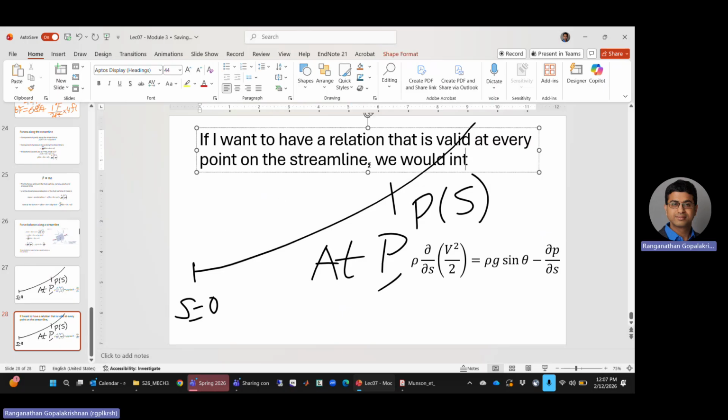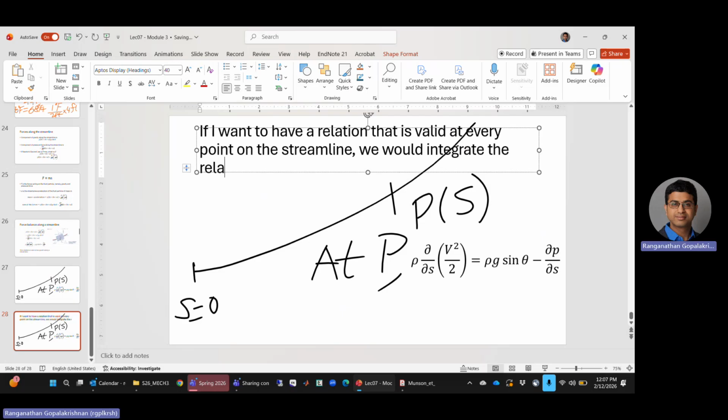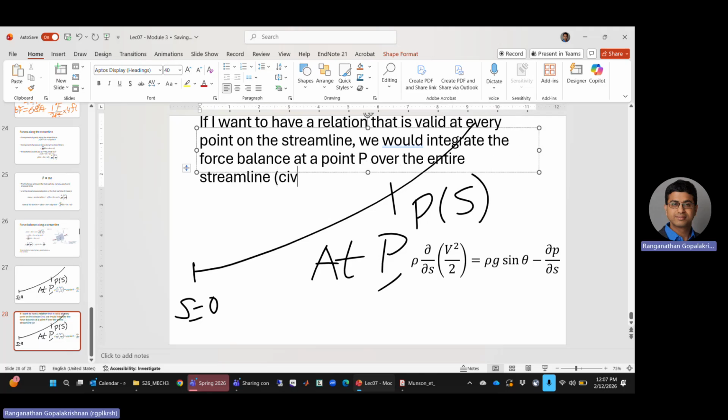We would integrate the relation or the force balance at a point P over the entire streamline or curve.